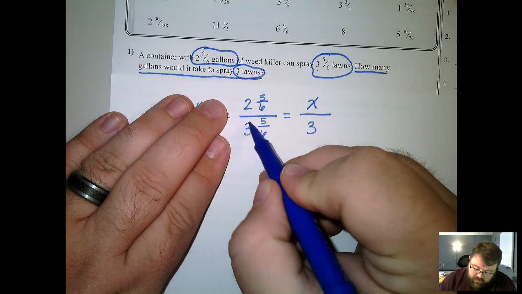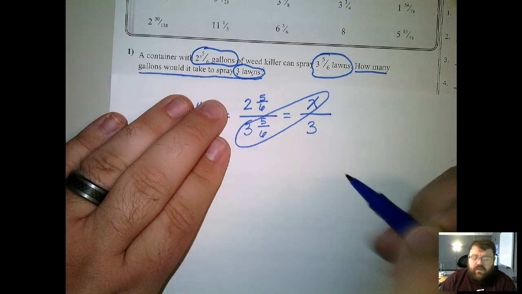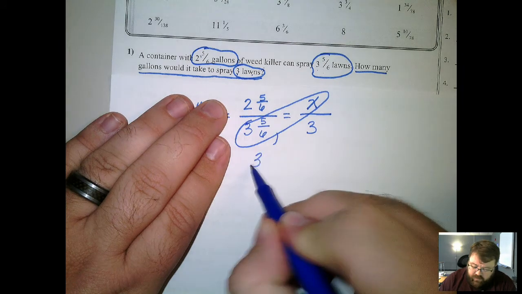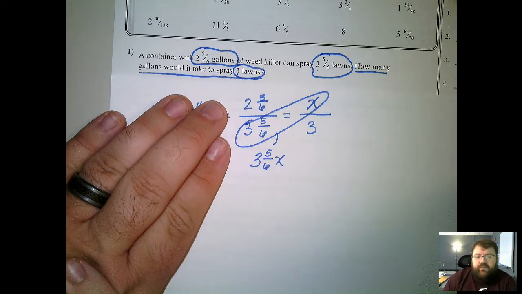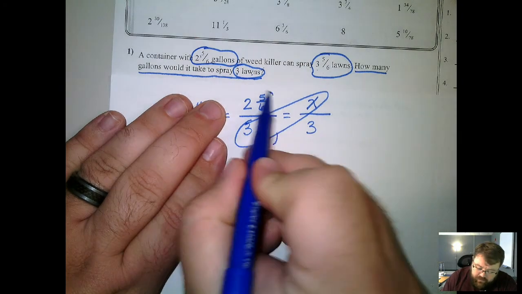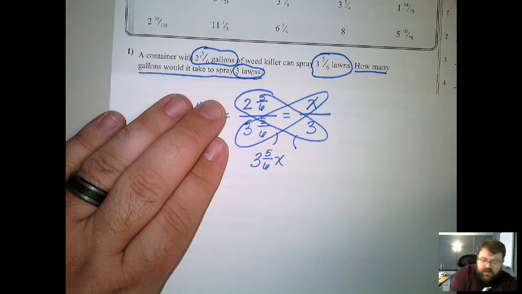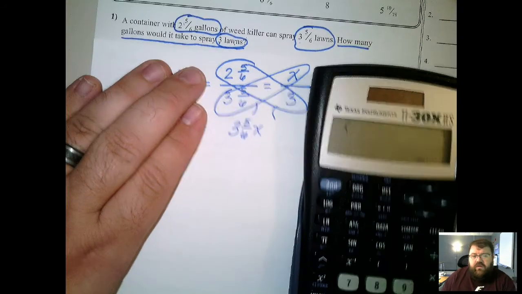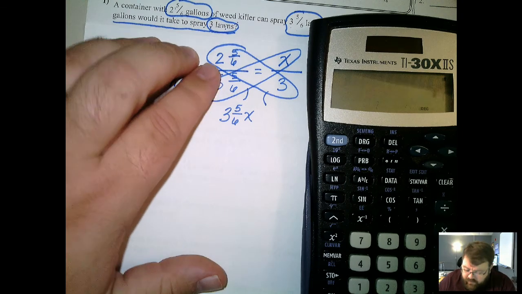So I'm going to do 3 5/6 times x, which is going to be 3 5/6 x. I'm going to do 2 5/6 times 3. Now I'm going to show you on your calculator. 2 5/6.